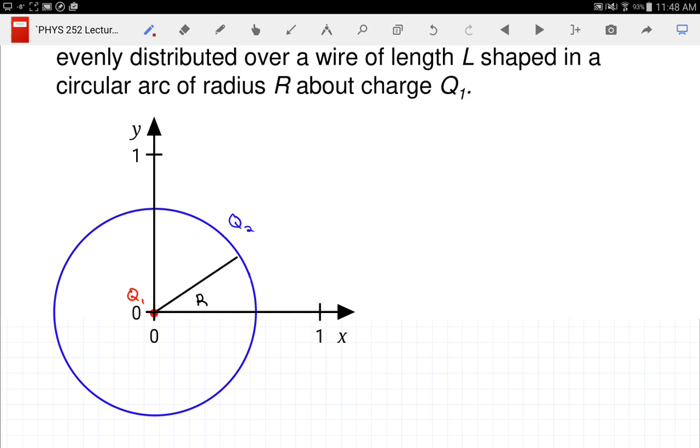Well, this isn't a sphere, so that technically doesn't apply here. But I have a symmetry here. And I can make a symmetry argument saying that for every possible point like this point here, for which there's a force like that, there is a charge on the opposite side that makes a force of the same magnitude going the opposite direction.